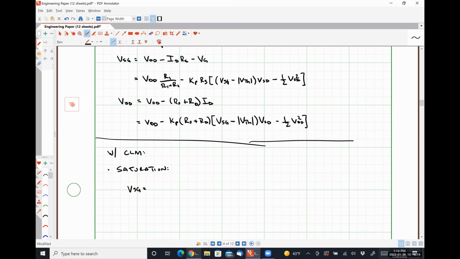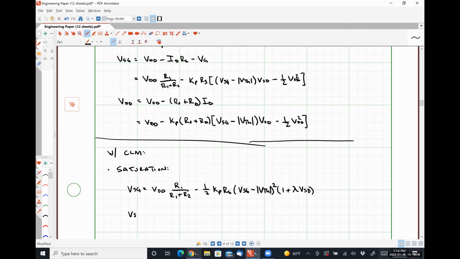VSG is equal to VDD times R1 over R1 plus R2 minus 1/2 K sub P RS times the quantity VSG minus the absolute value of VTH, squared, times 1 plus lambda VSD.